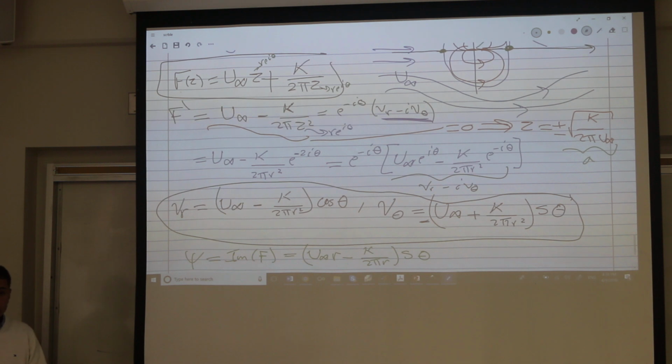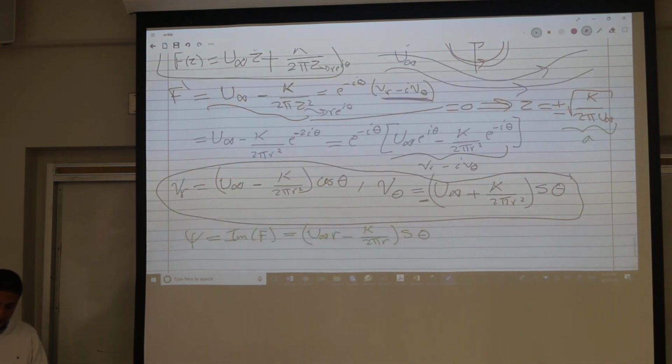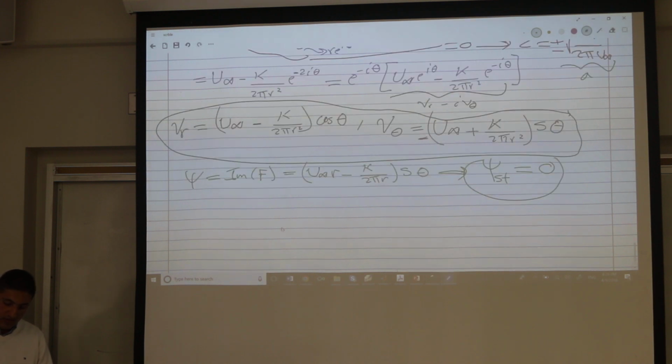Right? So if you substitute these 2 points here, actually these 2 points are real. Theta is 0 and theta is pi. Both sine is 0. So psi at the stagnation point is 0. So the equation psi of x and y equals 0, this is the equation for your body. Okay?